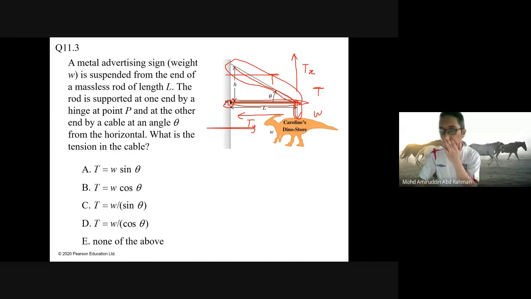So who got the answer as A? Who got the answer as A? Okay, Shazia chose A. And how about B? Who chose B?